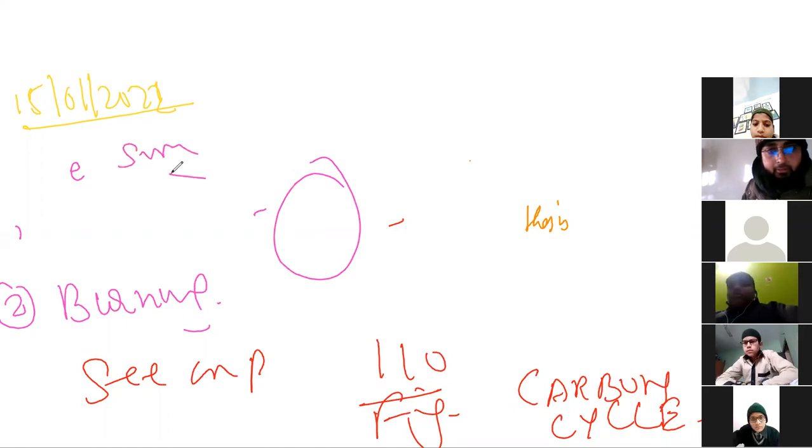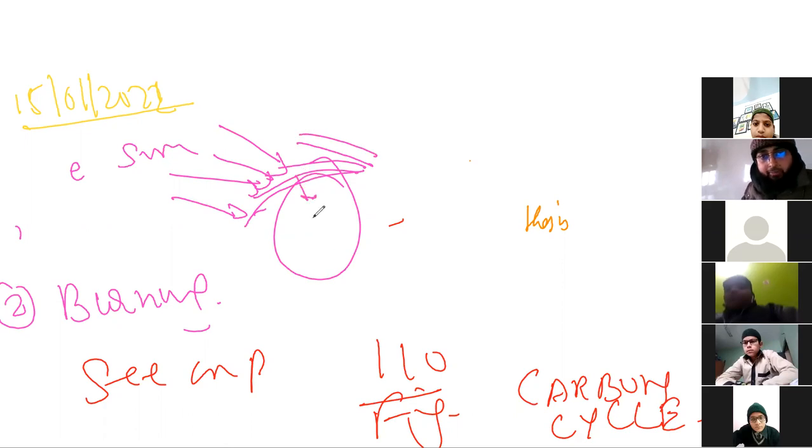When the sun's radiations come over the earth, due to the different layers of the atmosphere, some of the heat is trapped here and will not get back out of the atmosphere. Is it clear?